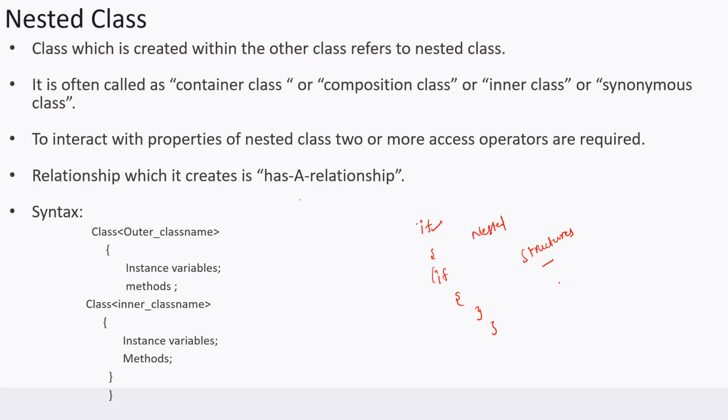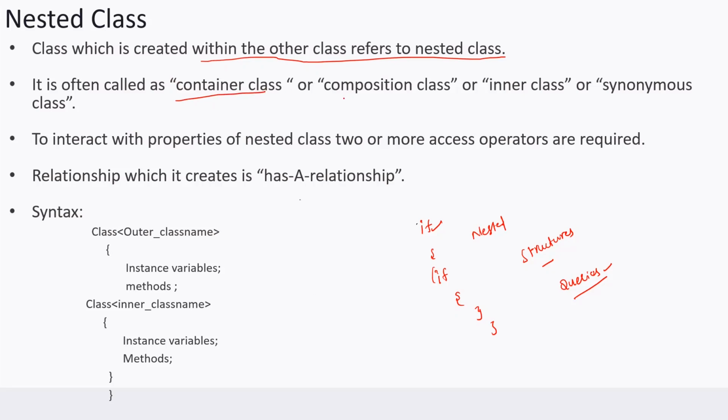In the same way, if I take the subject called DBMS, there we have queries. So a query which is inserted in another query is called as a nested query. In the same way, nested class is nothing but a class which is created within the other class. Clear?